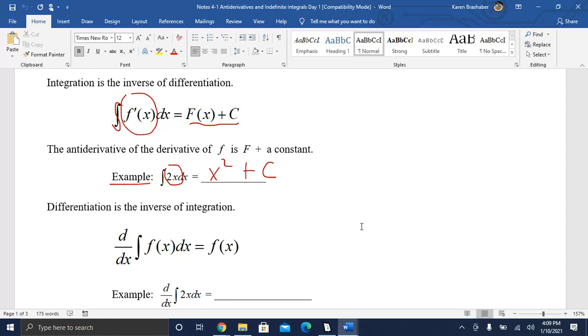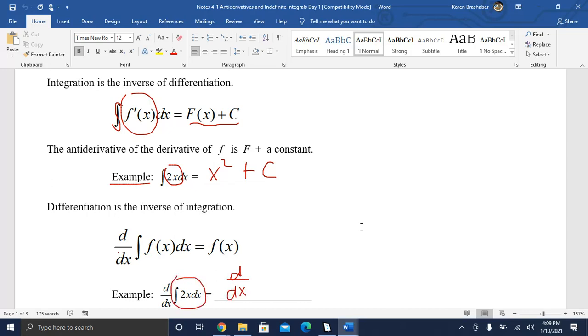So let's look at that. The derivative of the antiderivative. So that would be the derivative of the integral of 2x dx. And so that would be the derivative with respect to x of what we found out was our answer.